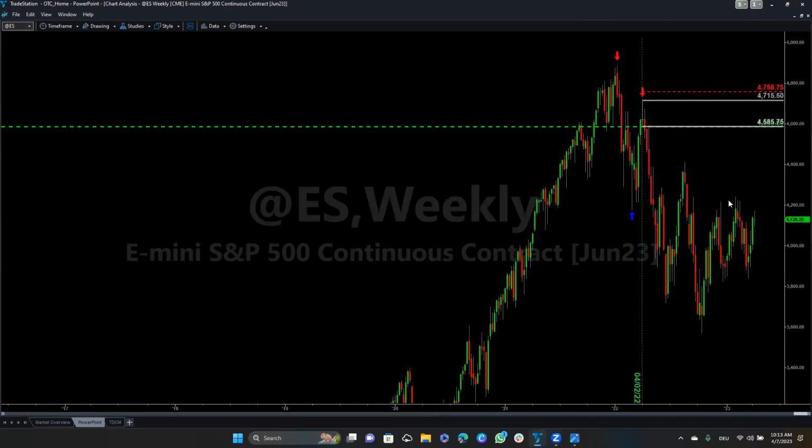And why do we expect maybe more weakness? First, we got a bearish shooting star at the lower high, okay? Also, we had an uptrend on the left side, right? And then we created more like a downtrend, okay? That means trend continuation. The trend looks more bearish than bullish, correct?